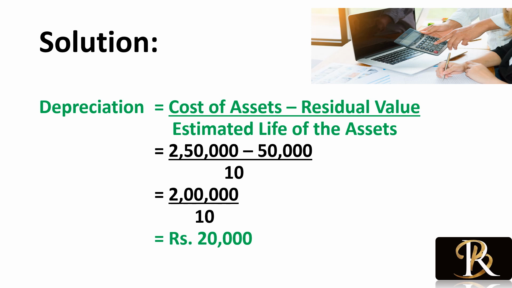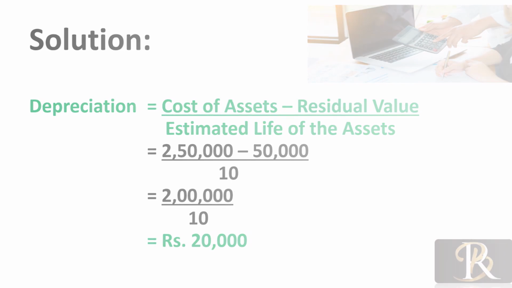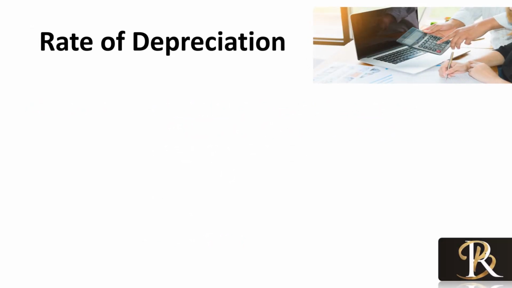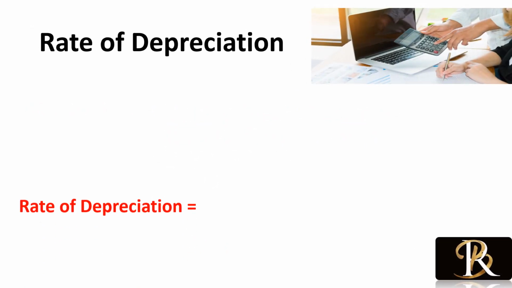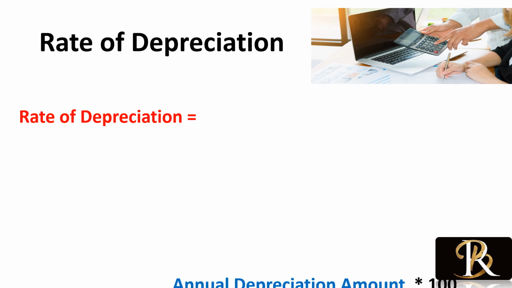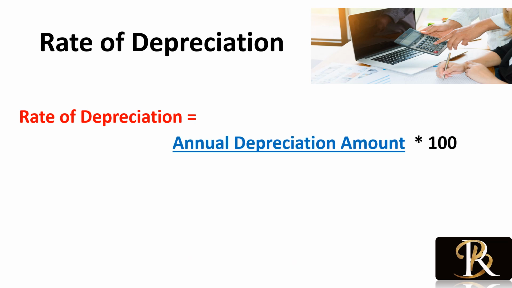So the question is how the company or accountant calculates that particular rate of depreciation. So for that we have a simple formula to calculate the rate of depreciation. So here we have the formula. So rate of depreciation is equal to annual depreciation amount into 100 divided by the cost of the asset.